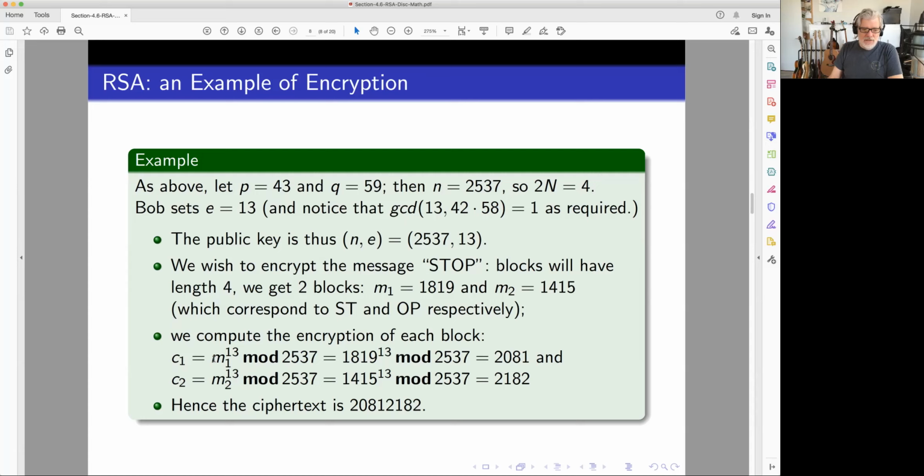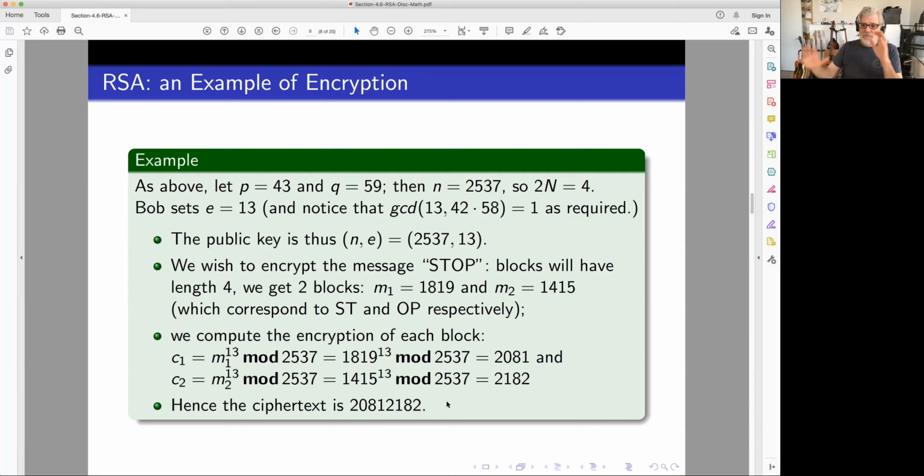We raise 1819 to the power 13, reduce mod 2537, and we get 2081. Do the same for the second block, and you will get 2182. The ciphertext that is sent is all those blocks together: 2081, 2182. That's what will be sent out on an open channel.